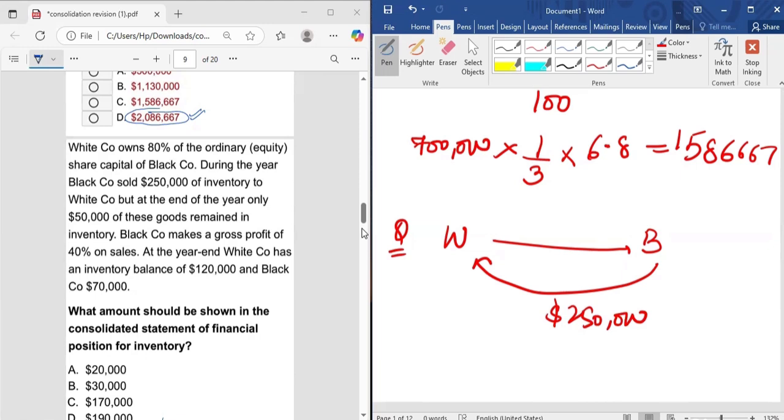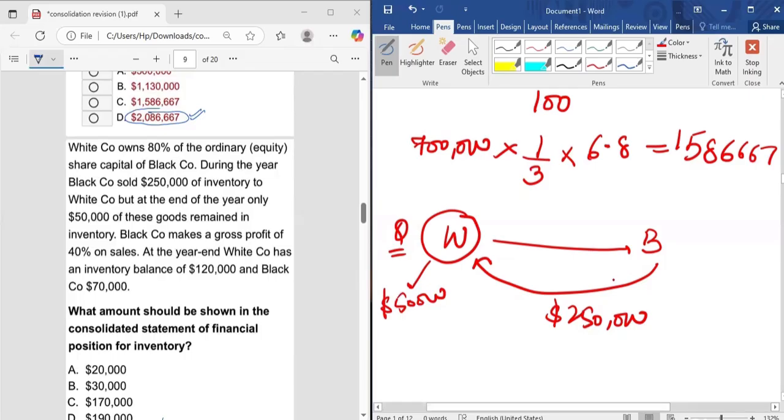But at the year end, only $50,000 of these goods remained in inventory. So see, the total sales were worth $250,000, but at the year end, White Company has sold a certain portion of this inventory and only inventory worth $50,000 is left. Black Company makes a gross profit of 40% of sales.